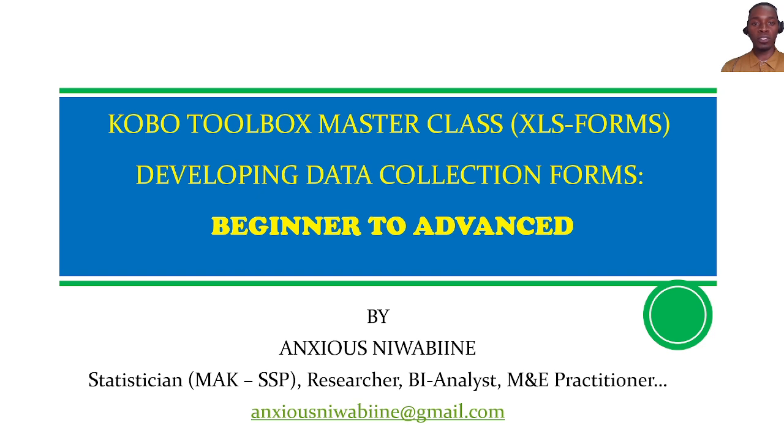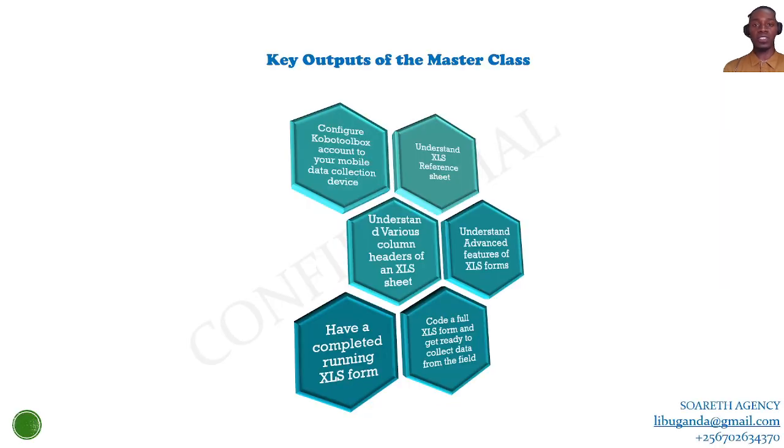And this Kobo Toolbox Masterclass is about developing mobile data collection forms or mobile data collection tools using XLS files or XLS forms. So at the end of the session, you should be able to configure your Toolbox account to your mobile data collection device.